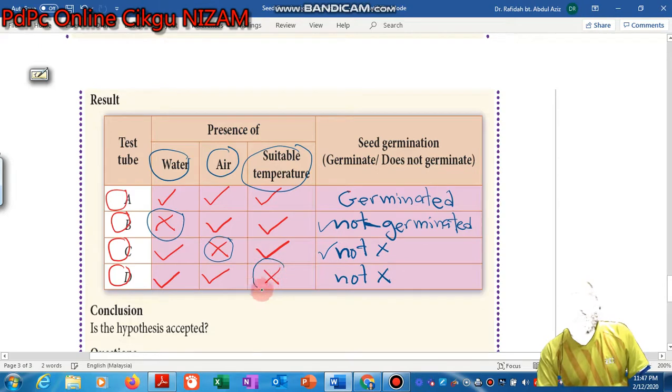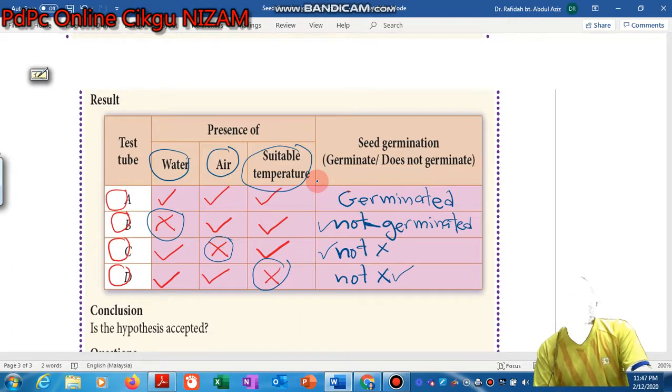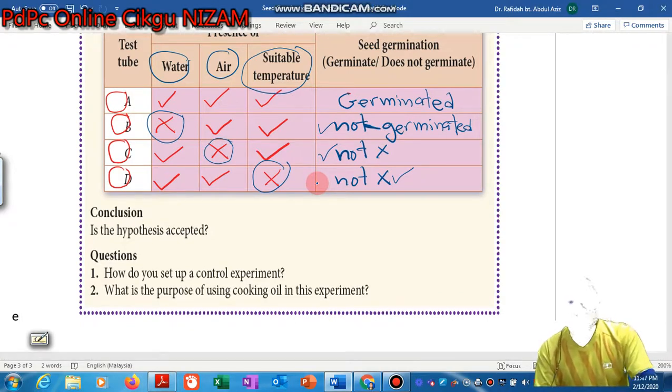And without suitable temperature, seed cannot germinate. So this experiment shows that seed requires all the conditions, that is water, air, and suitable temperature. Okay, so that is the concept of seed germination, the conditions required by a seed to germinate.